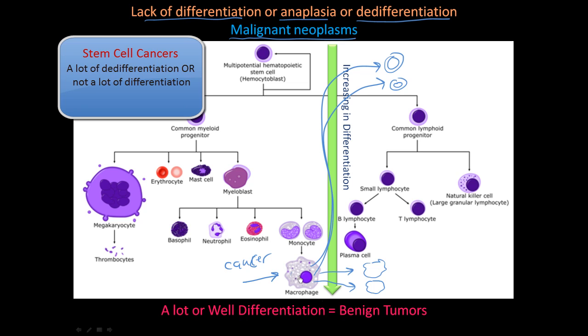This macrophage gave rise to this stem cell, and you'd be thinking, well, that's going backwards down the differentiation pathways, because these are differentiation pathways. These cells start here and give rise to all these other cells. This is a differentiation pathway. So you're dedifferentiating. You're going back up this pathway.